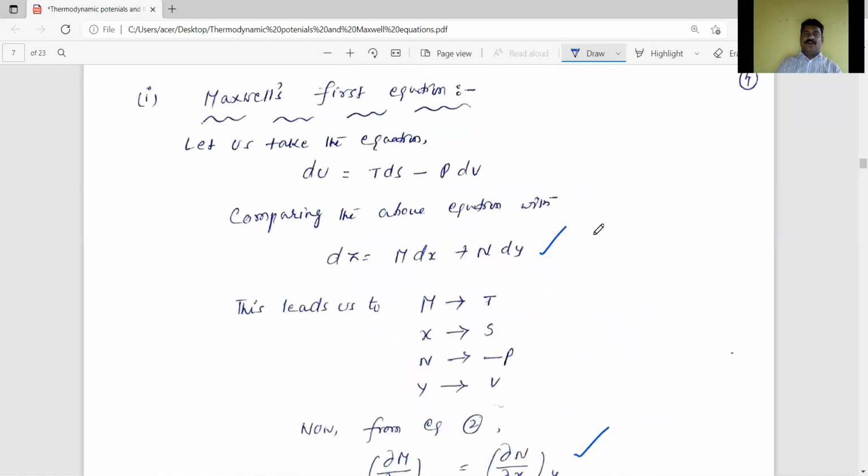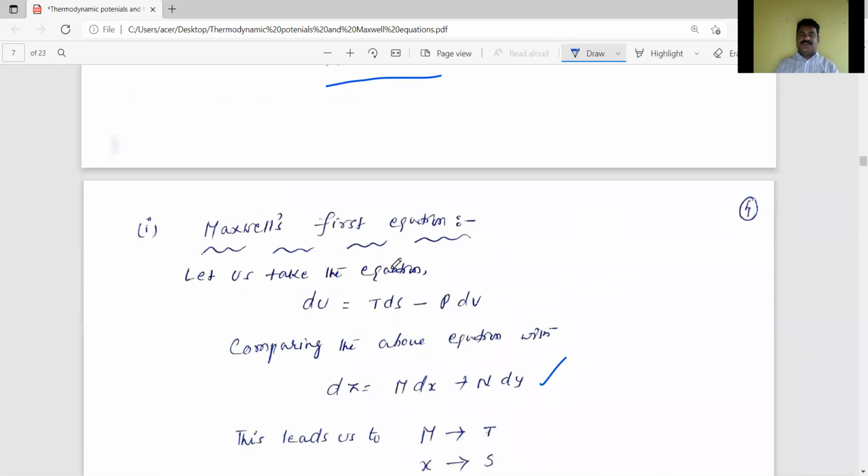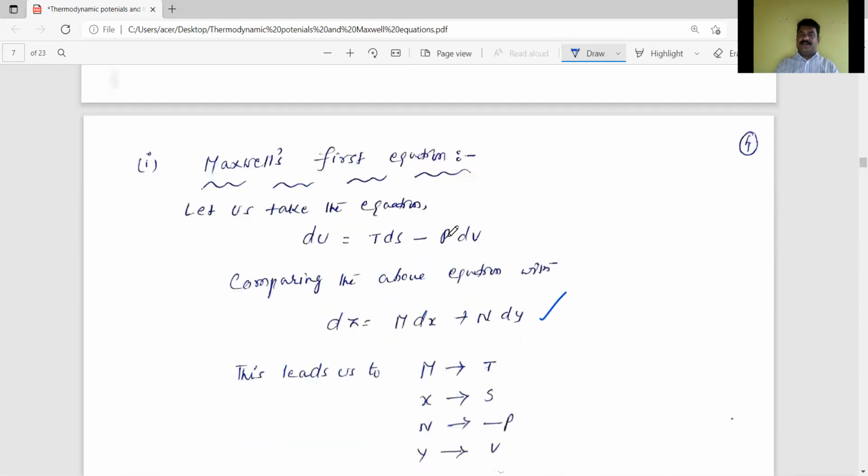So in order to derive Maxwell's first equation, let us go to the internal energy relation. What is that relation? du equal to tds minus pdv. We have already derived this in the previous topic. Let this be equation number 1.